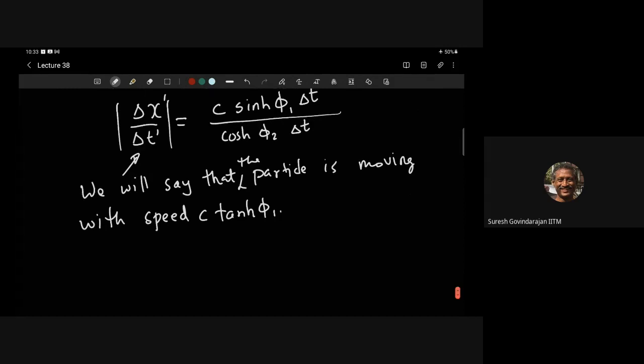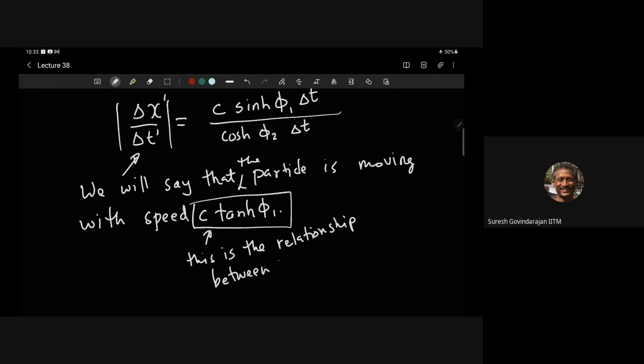If you take care of signs, so that's what this will get. This is the key point: speed is not phi. Is this point clear?